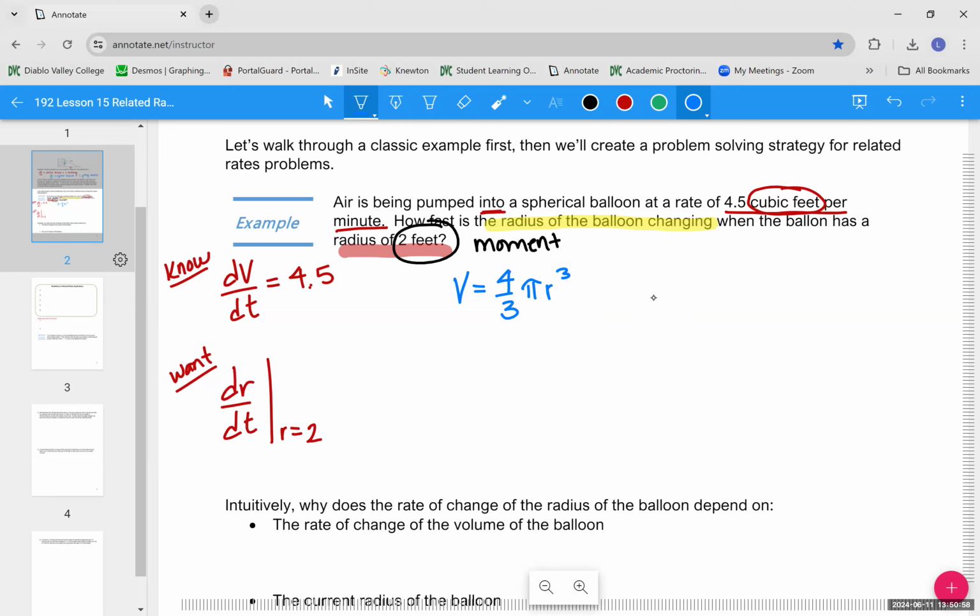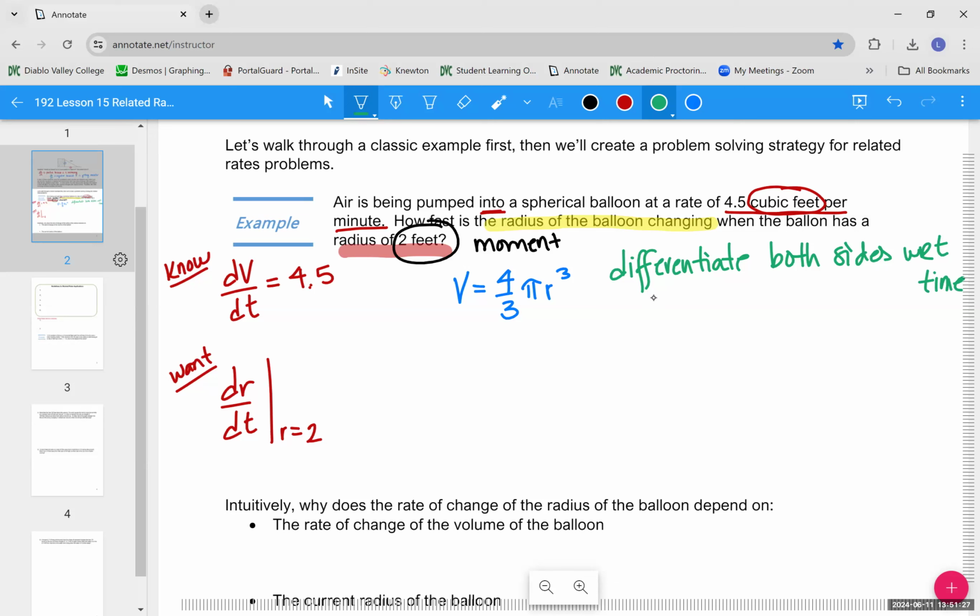But the volume of a sphere is given by V equals 4/3 pi r cubed. So here we have volume and radius related to each other, and there's no other variables in the way. So we're ready to go ahead and differentiate both sides with respect to time, or t.